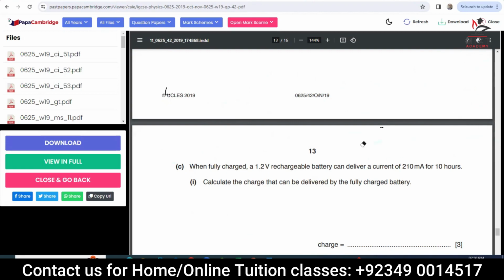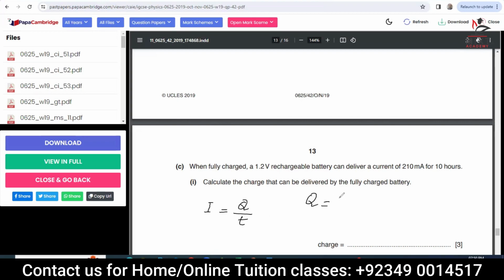Anyone remember when we started it, I have told you a definition of a current. What is the definition of a current? Safiullah, what is the basic definition of a current? Very basic. Rate of flow of charge. So rate of flow of charge means I is equal to Q upon T. Am I right?